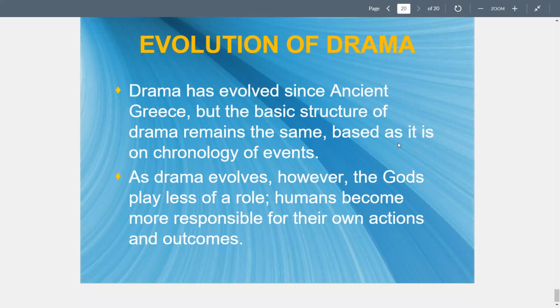But fate, as dictated by the gods, is usually the most important. Or even if you think of the Odyssey, the minute Odysseus goes against the gods is when his problems begin. But as we start to go down the line, it's less blaming everything that happens to us on the gods and more, no, humans are responsible for what happens.